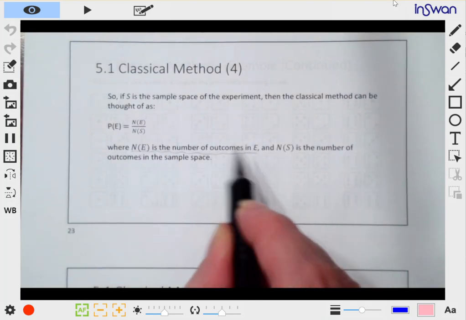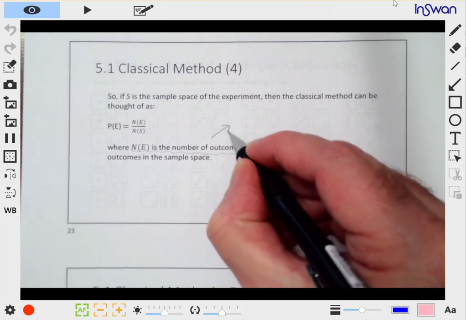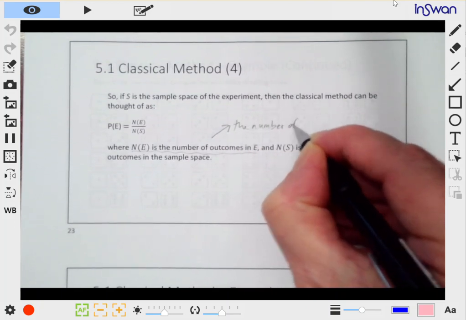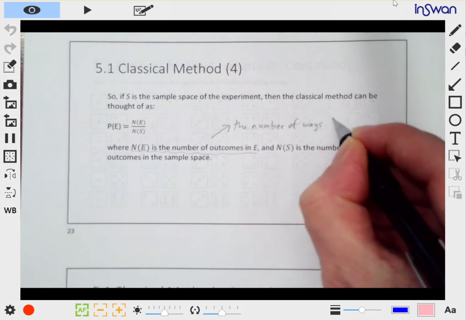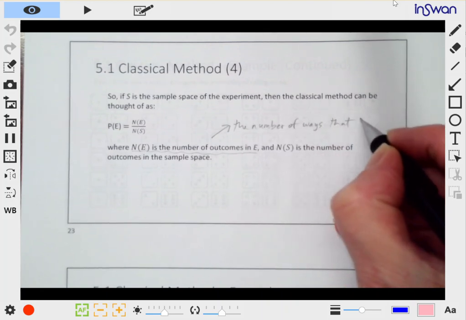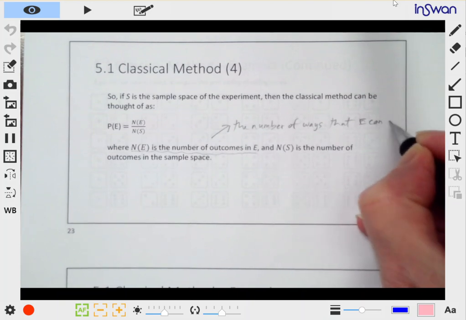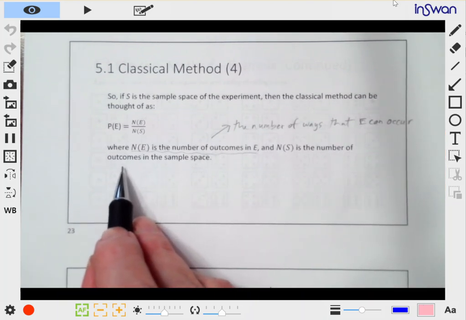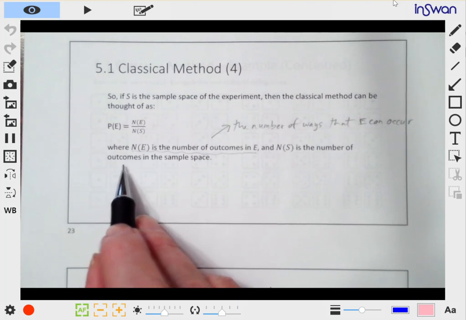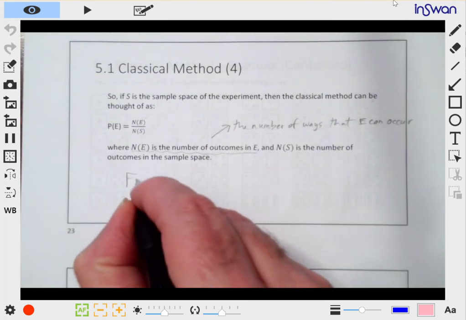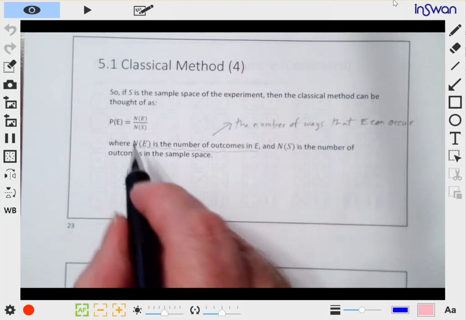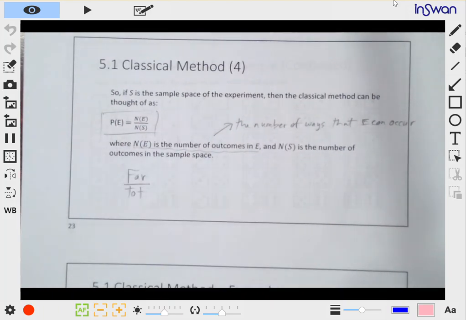I normally say the numerator is the number of ways that E can occur, and again, the denominator is basically the total number of outcomes. So again, the way I like to write it is favorable outcomes divided by total outcomes, but this is the notation that you'll see in this book.